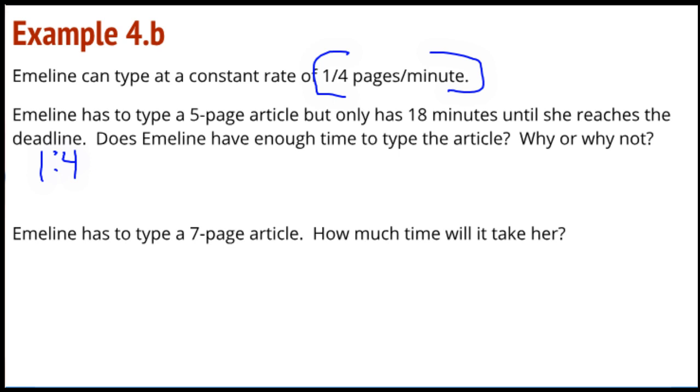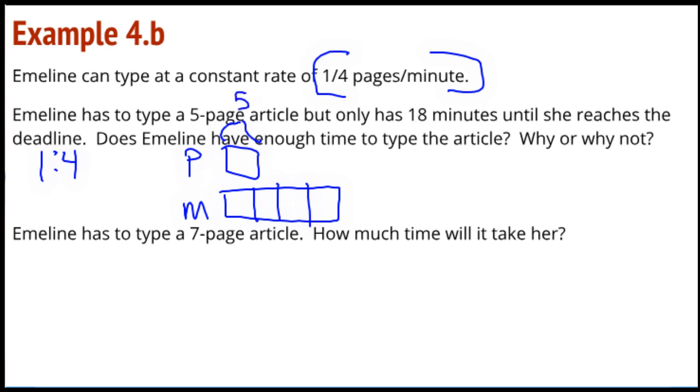So I've got pages and I've got minutes, and the ratio is 1 to 4. And she needs to come up with 5 pages. Okay, so the number of pages needs to be 5, and the 5 is only in 1 unit, so this is a 5, and these would be 5s, and I would find out that Emmeline is going to need 20 minutes to complete this task.